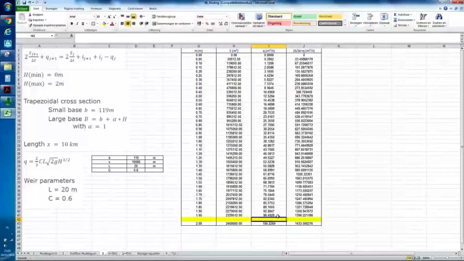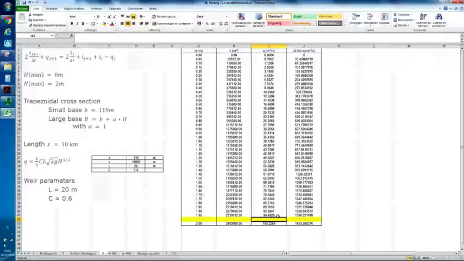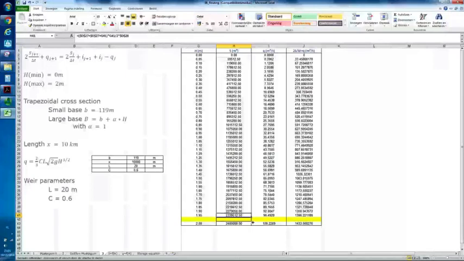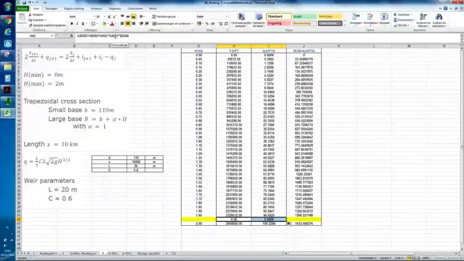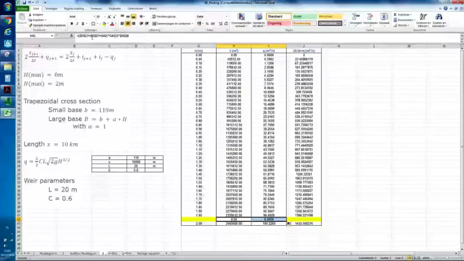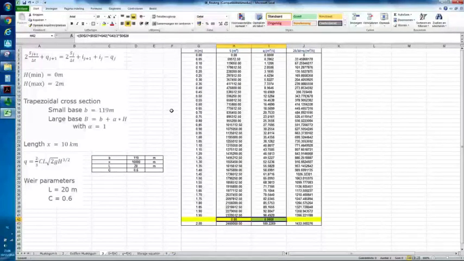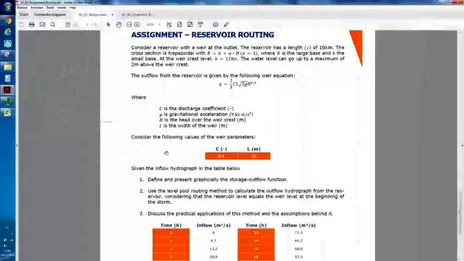So we will use again, like in one of the exercises before, the goal seek function, and we will just use the same formula that we have used over here. At the moment this is of course 0, but that's what we will automatically calculate.